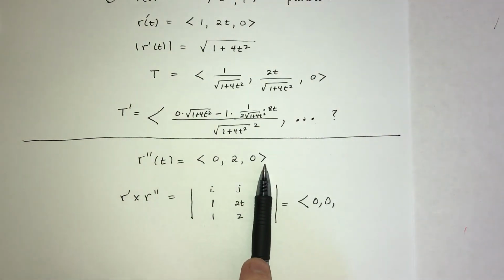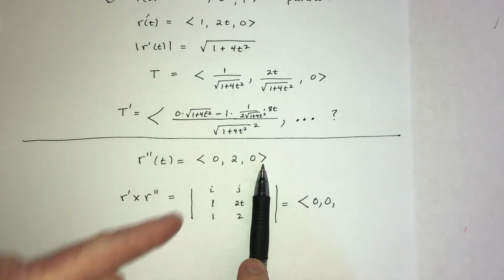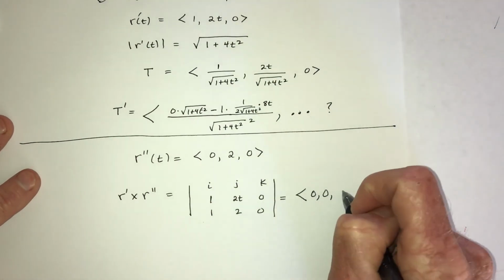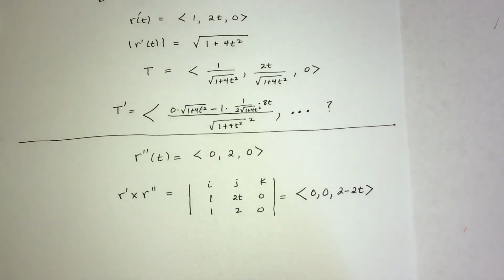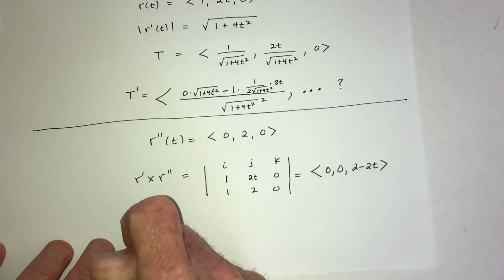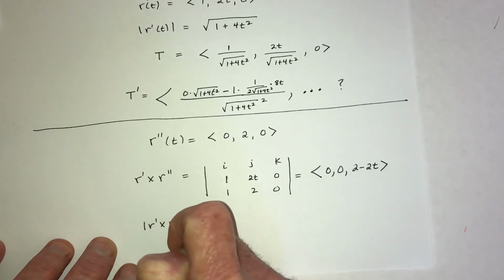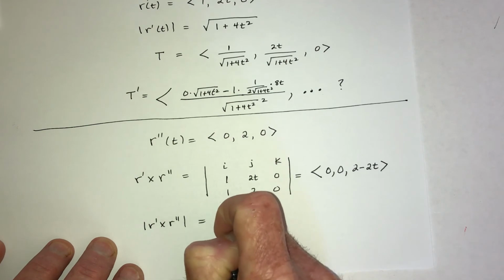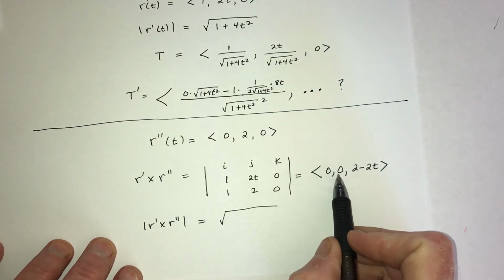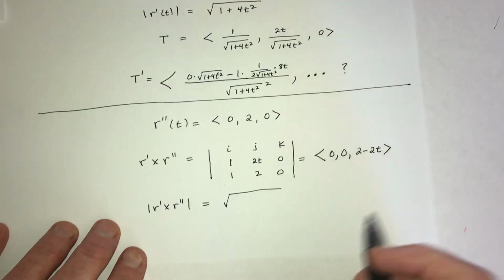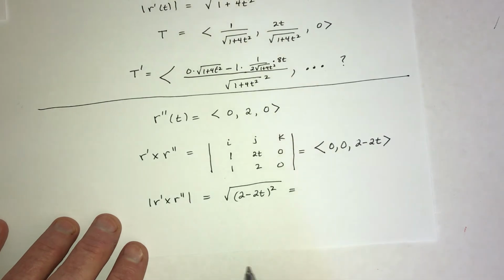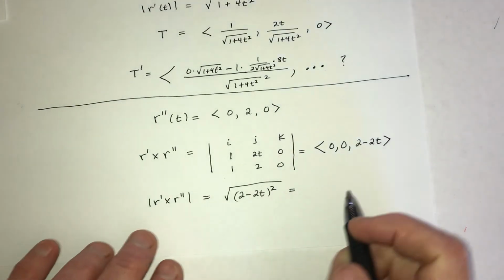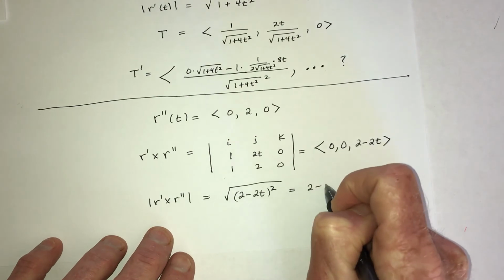And then this would be 2 minus 2t. Now find the length of that vector. The length of r prime cross r double prime is going to be 0 squared plus 0 squared plus this squared. Because it's a square and a square root, they cancel each other out, so that's just 2 minus 2t.